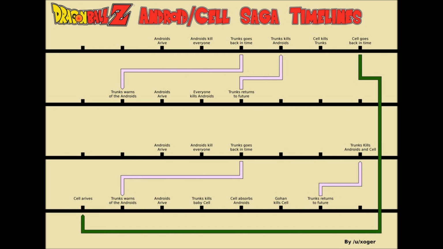And the time machine that Cell has, he uses to travel back 4 years before the androids arrive to the main timeline. The main timeline is the one that we know, the one where Future Trunks comes to. And Future Trunks' timeline, that is a completely separate one.